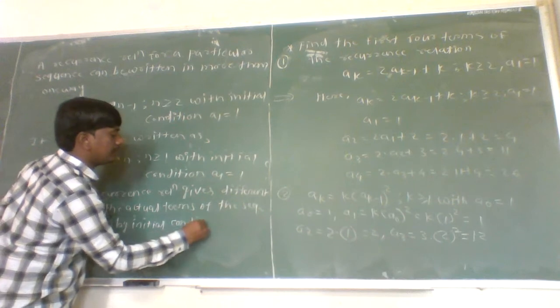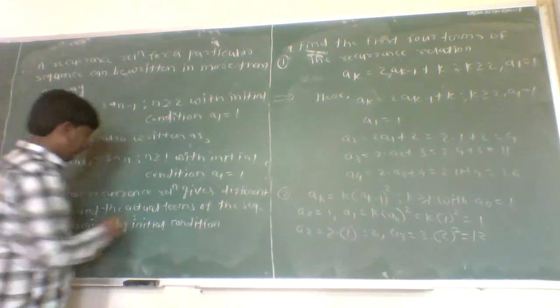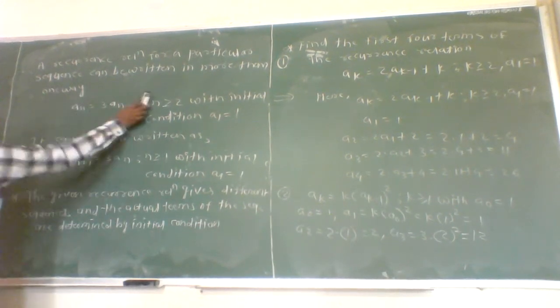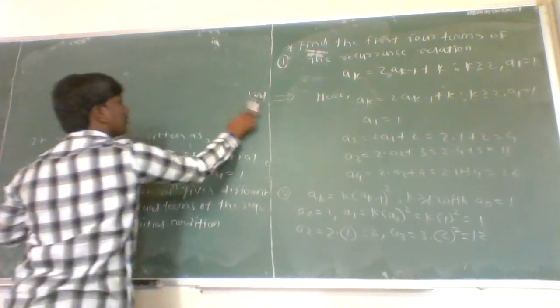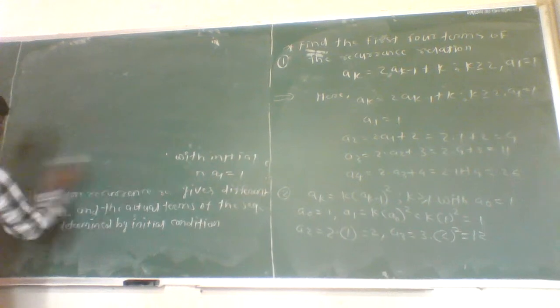That is, its simple meaning is, if two recurrence relations look the same, but they have different initial conditions, they give different sequences, since it depends totally on the initial condition.